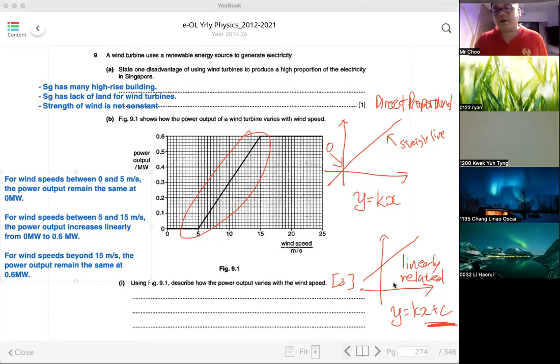Okay, in your practical, if your best straight line is very near the 0, it means that your data is a little bit off. So it's very, very near the 0, but never cuts through 0, then you force the graph to the 0. Is that clear? But if you know that it's far, far from the 0, then you don't say that the two variables are directly proportional.